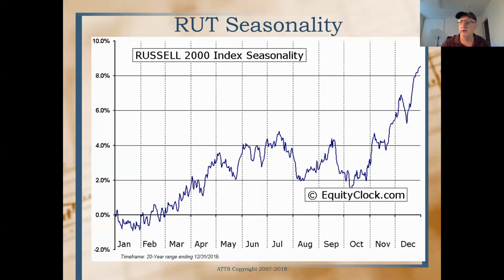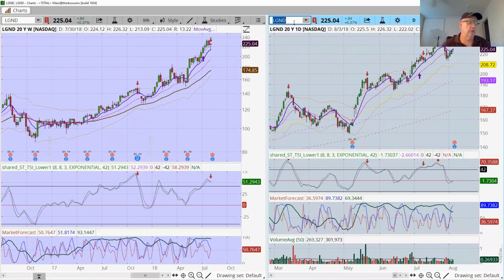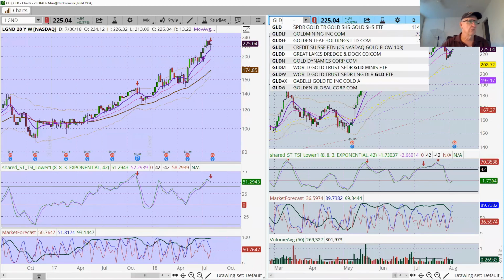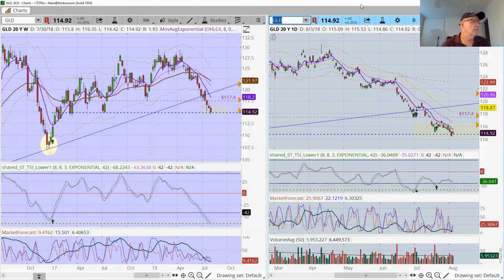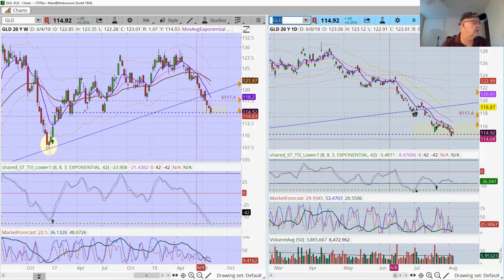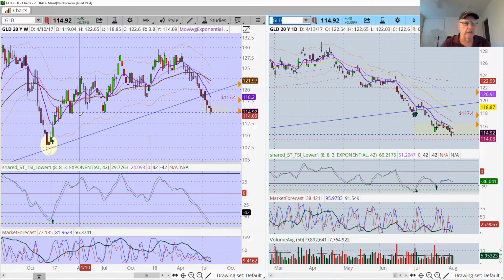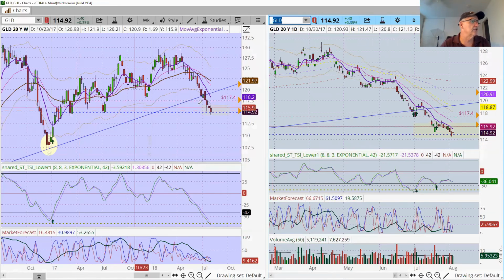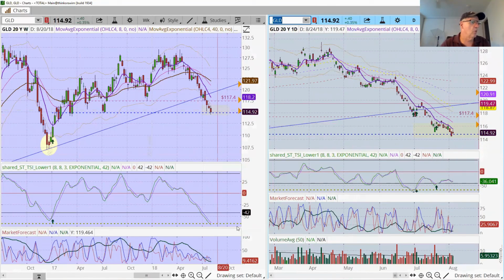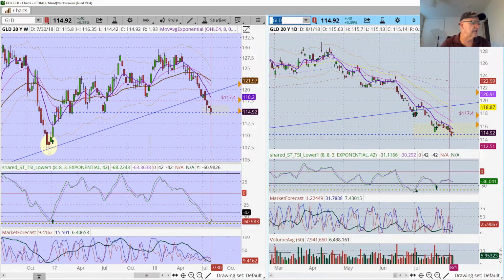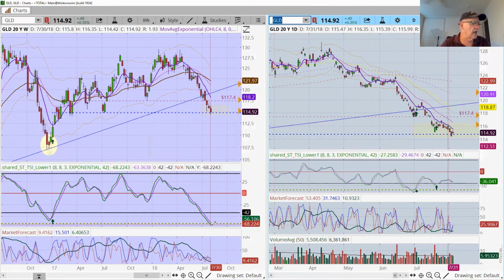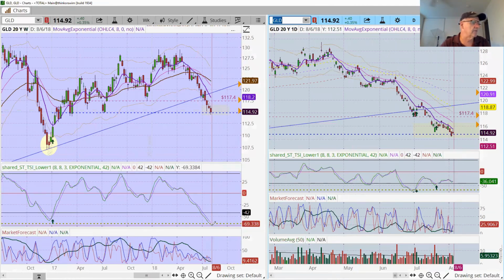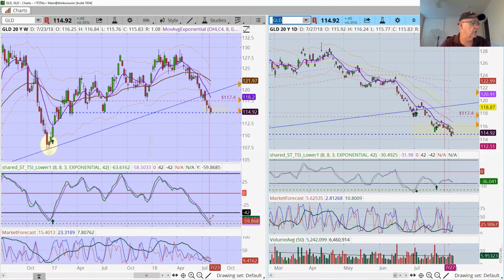And I'll pop over here. The last thing that I'll leave everybody with is, let's look at my buddy GLD. And as you can see, GLD is at a level of support at about $114. Is gold going to reverse here? One of the things that's missing is the TSI weekly chart. It is extended further than it's been in a long time.